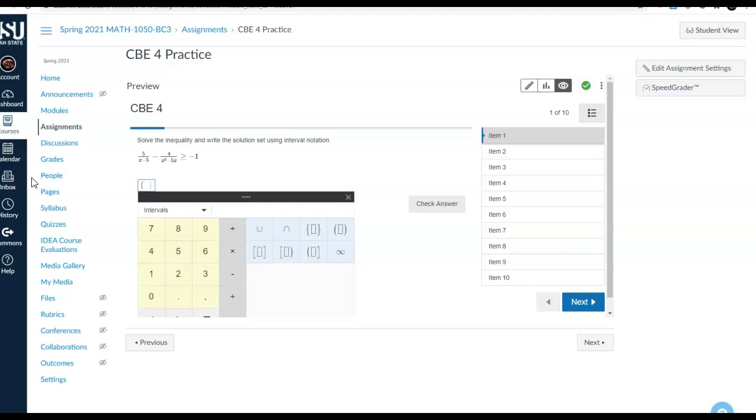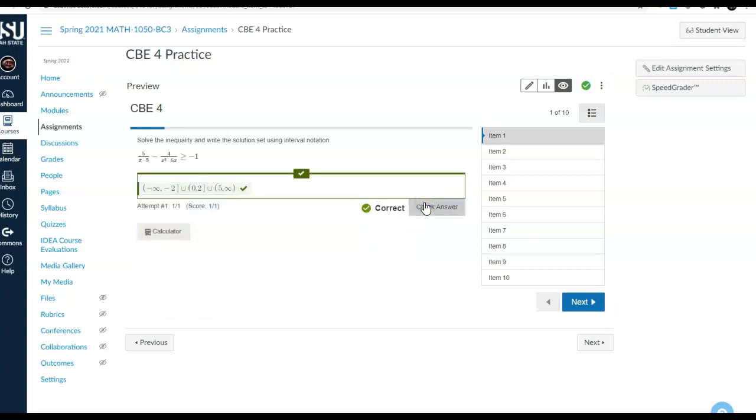So parenthesis, negative infinity, comma, negative 2, bracket, and then I've got 0, 2, bracket, and 5. So check that thing. We are good. Okay, next one.